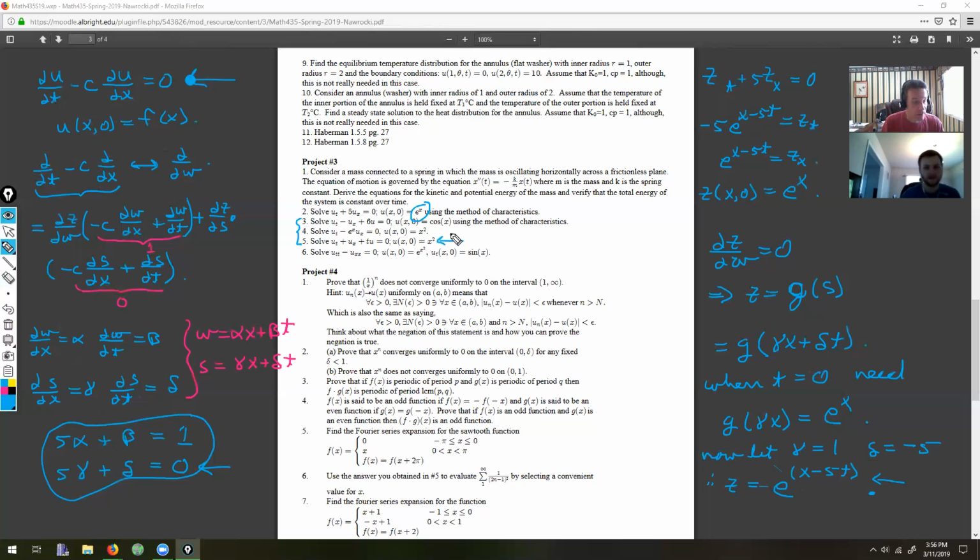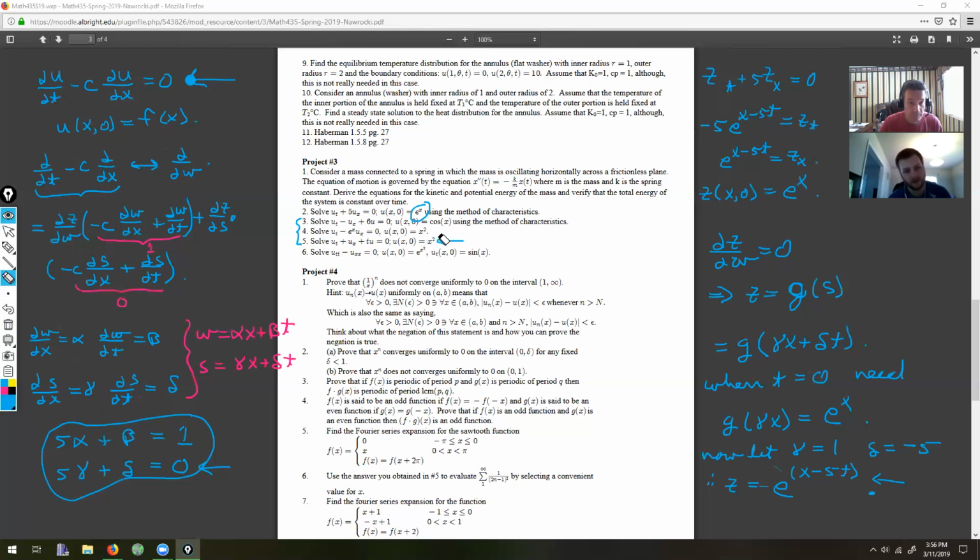Actually, number 3 is going to be that one right here. Number 3 is just like the one we did in class, but instead of the A and B, I put constants, like -1 and 6.